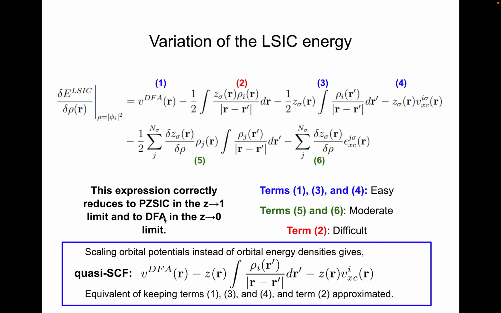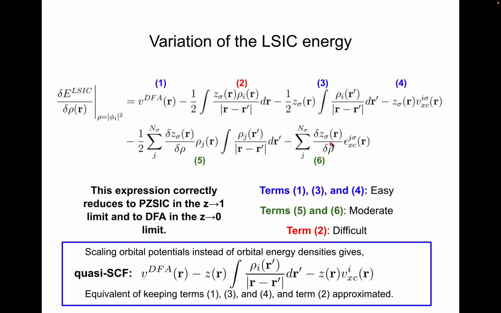In terms of the difficulty of implementing those terms, term number 1 is given, and terms number 3 and 4 are relatively easy to implement. You simply need to multiply the scaling factor and the PGSIC potential for those terms. So those are the easy terms. And terms number 5 and 6, those 2 have the variation of the scaling factor, and those have moderate difficulty.